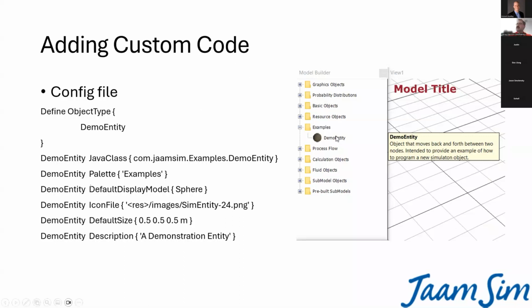There's a few organizational pieces where you can control kind of the palette that it appears under, just organizing it by theme. You can give it some default display models for the 3D visualization. Give it an icon to appear in that menu, a default size when it's drag and dropped, and a description that might appear in the tooltip to kind of communicate what it does.